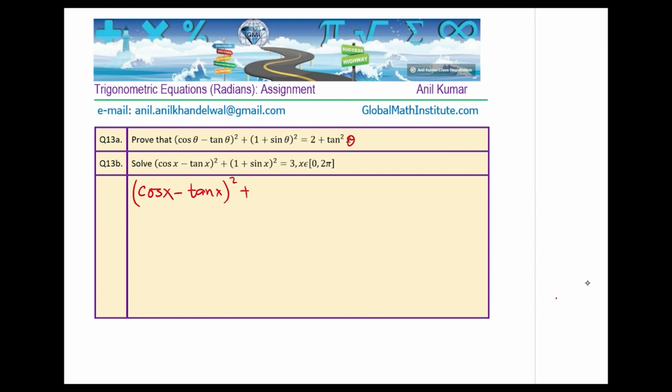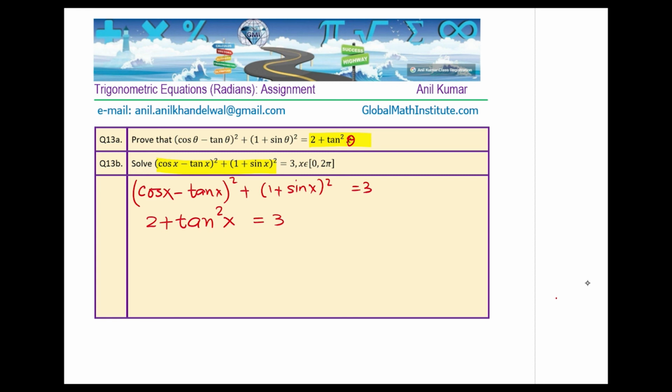Now we know that this left side is basically equals to 2 plus tan square x. So I'll replace that by 2 plus tan square x equals to 3.